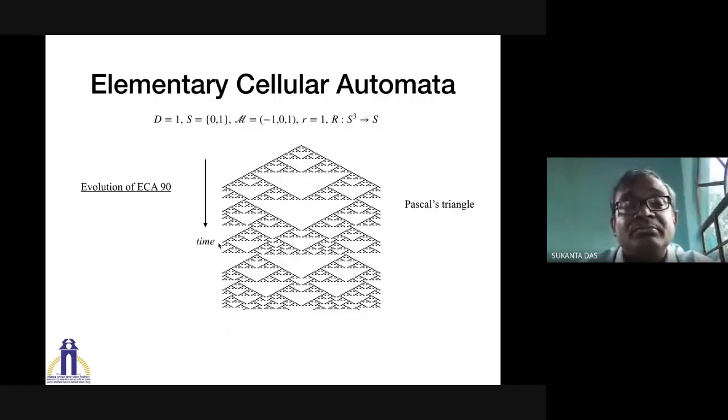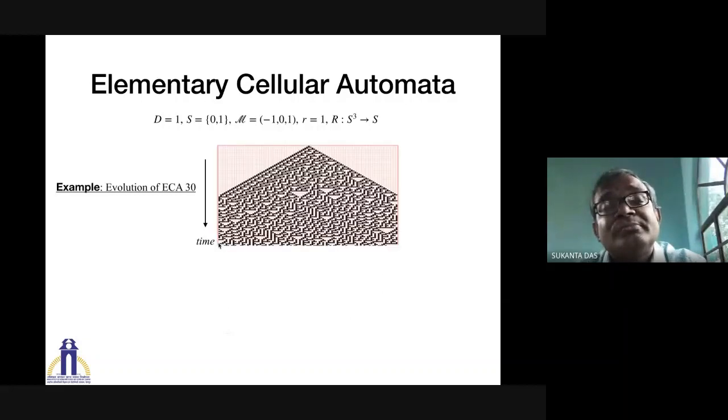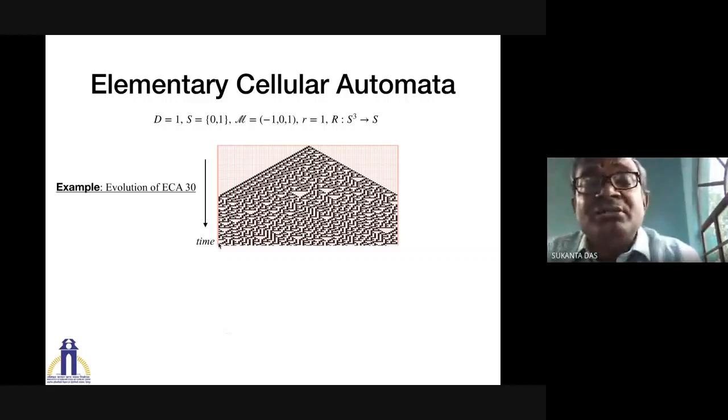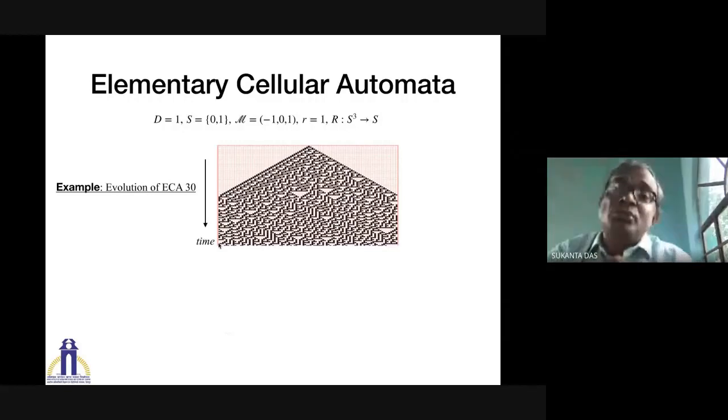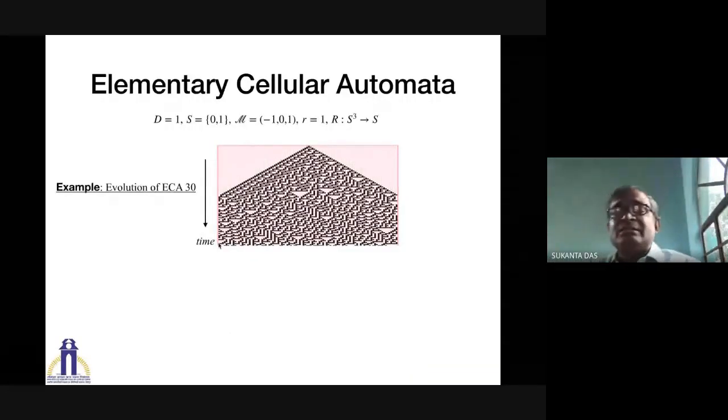Let us take another example, rule 30. If you take rule 30 here, then there are fewer patterns. Although you can find some equilateral triangles, it is not as beautiful as the previous one. It is not like EC rule 90, but still you have triangles.